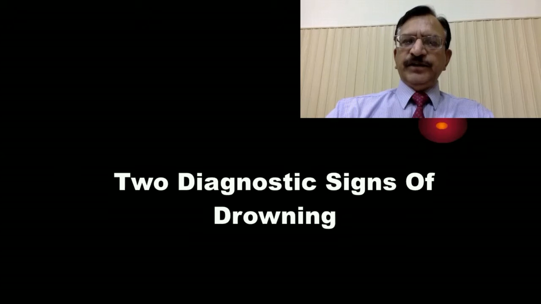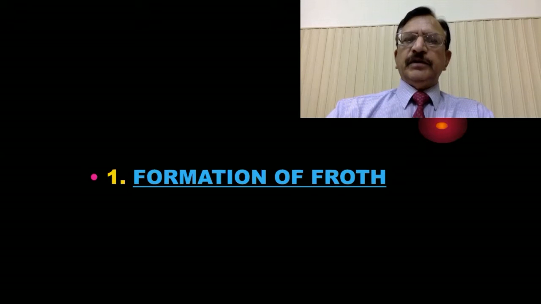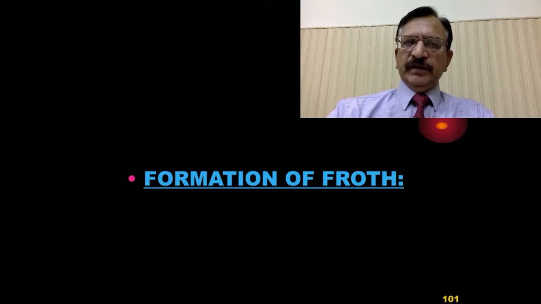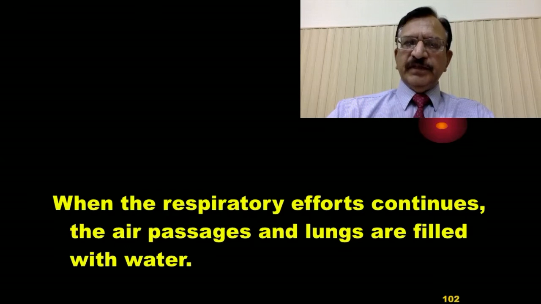And there are two diagnostic signs of drowning which are visible externally. First is formation of fine froth, and second is cadaveric spasm. The formation of froth, this is very fine froth. When the respiratory efforts continue, the air passages and the lungs are filled with water.